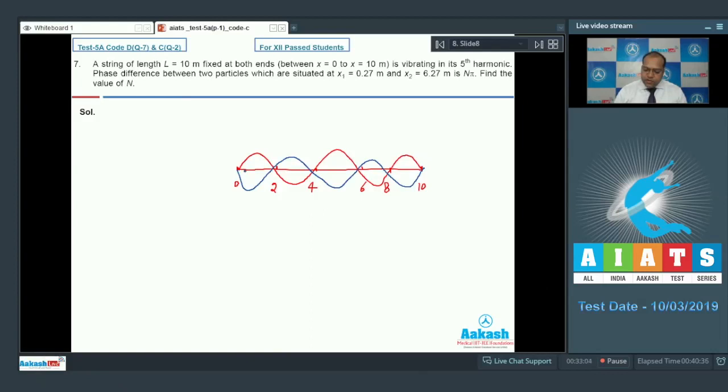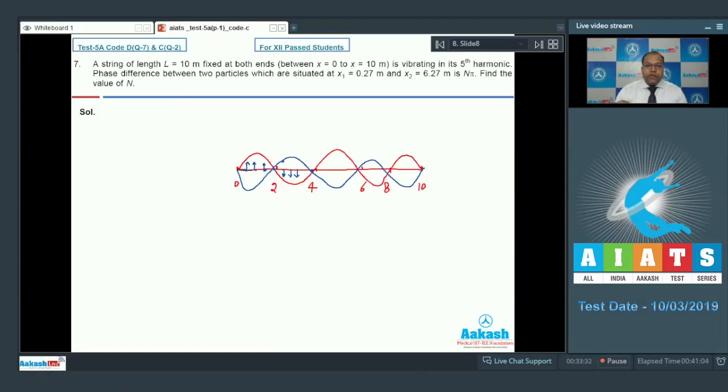The points which lie between 0 to 2 are in the same phase, and let them be moving in the upward direction. Then all the points which lie between 2 to 4 are in the same phase, but they are moving opposite to the particles between 0 to 2. So all the points between region 0 to 2 and all the points between 2 to 4 are in opposite phase.